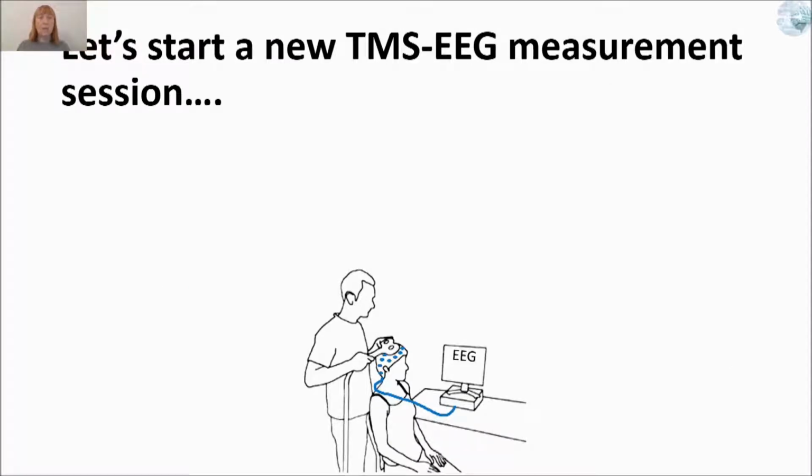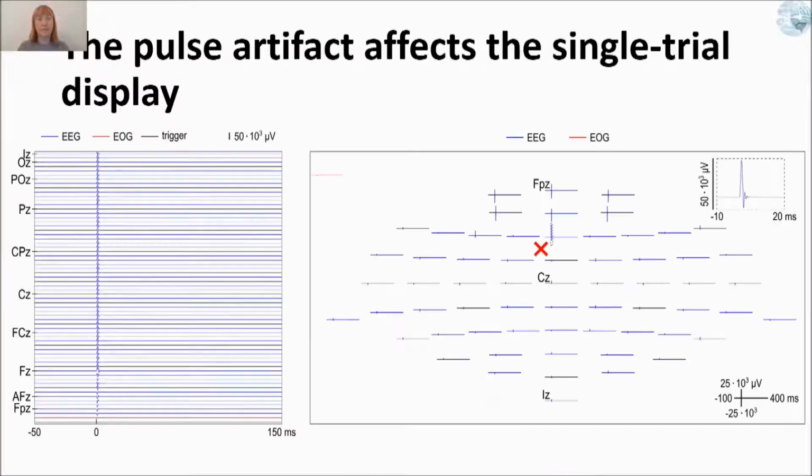Now, what typically occurs when starting a new TMS EEG measurement session is that the operator sets stimulation parameters, so the stimulation target, orientation, and intensity, and then delivers a single pulse. And what can the operator see on the EEG display in real time?